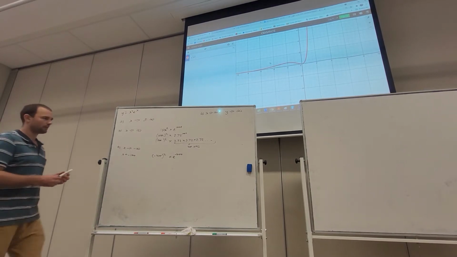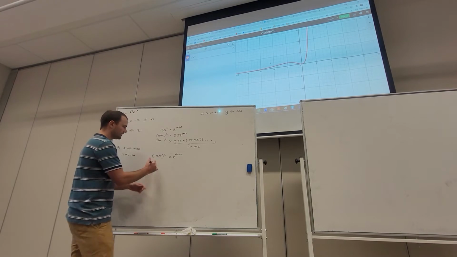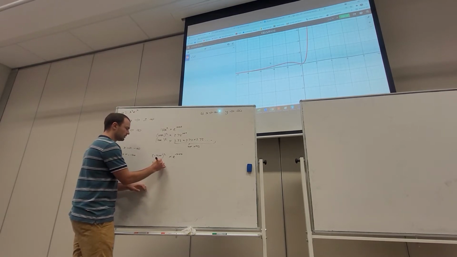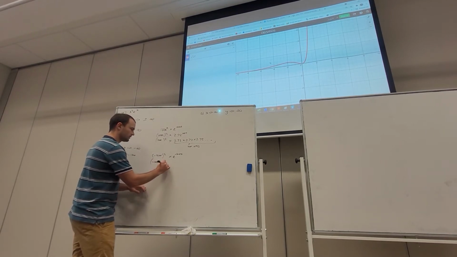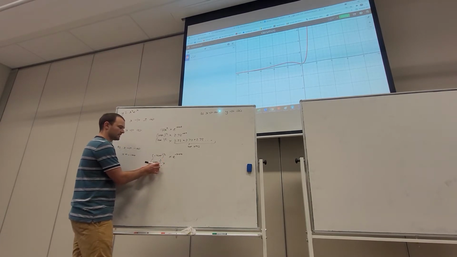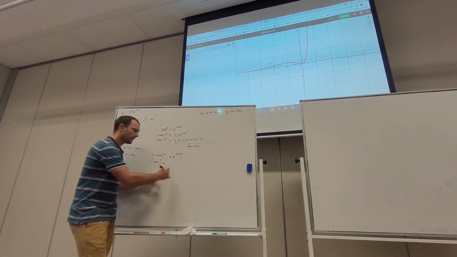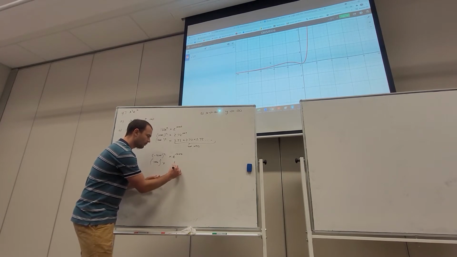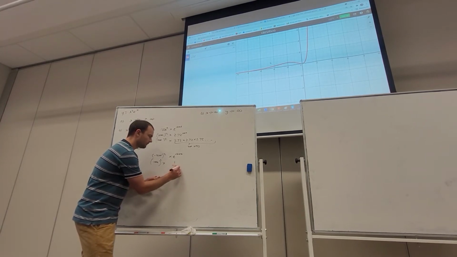So what we've got there is a big number, because it's going to be positive because it's squared, and then we're multiplying that by 1 on e to the power of 1,000.